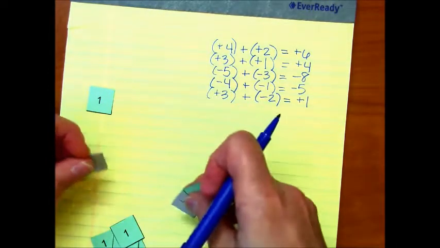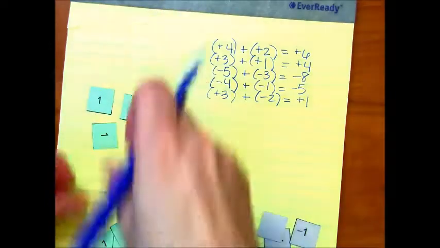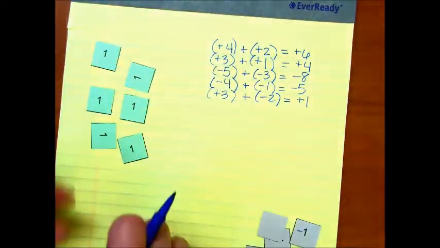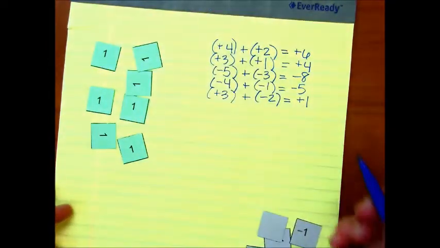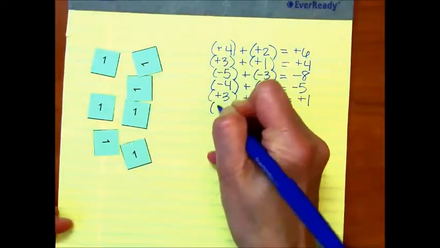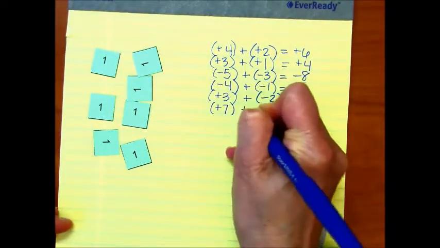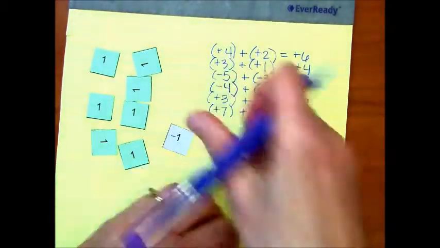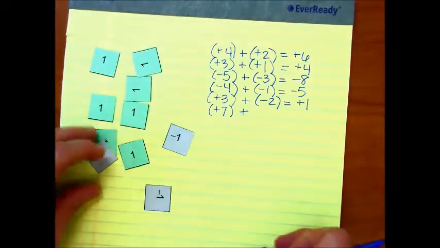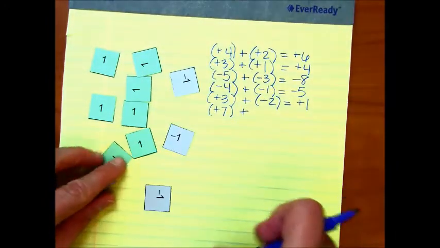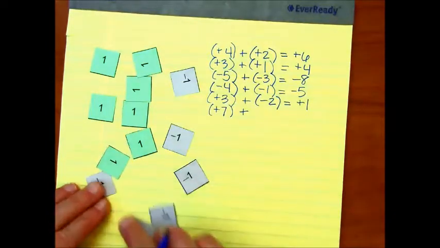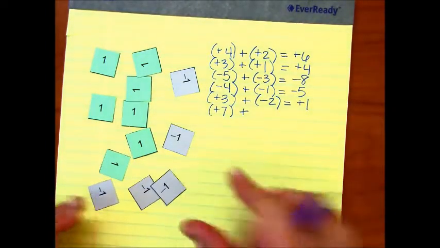Let's look at another example. Here we have 7 positives. And I want to add to this 5 negatives.